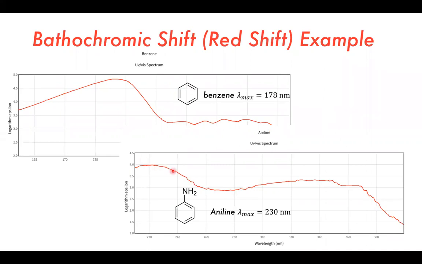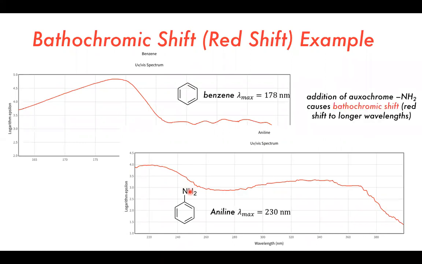So there's been a significant peak change just by changing the hydrogen to an amine group. This amine group has caused a red shift, a bathochromic shift to a longer wavelength. It has in fact turned the lambda max from being too high in energy to being in the measurable range.